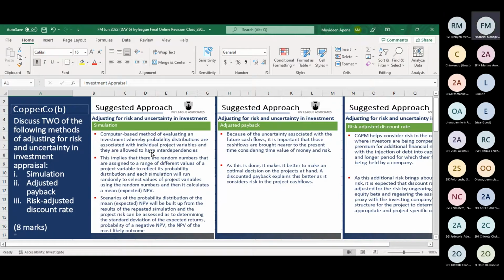So this scenario of the joint probability table we have demonstrated is a case of simulation. So you are allowing for different possible outcomes to come up. So they will come up randomly.